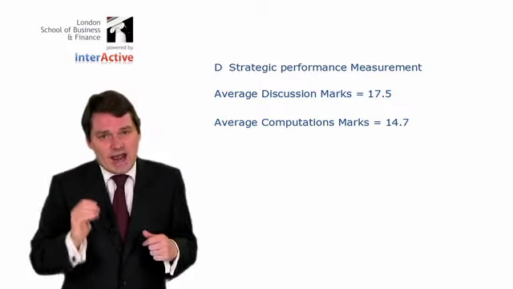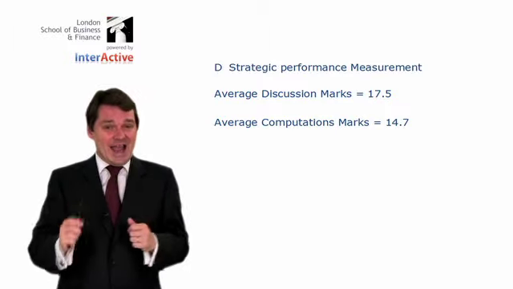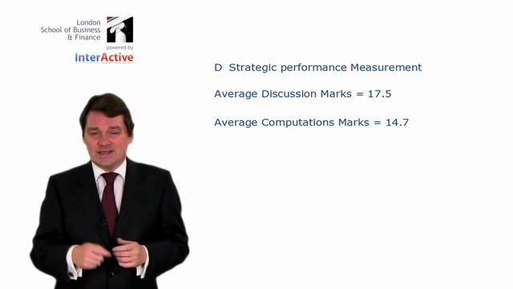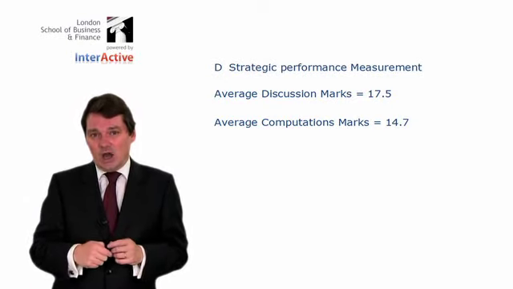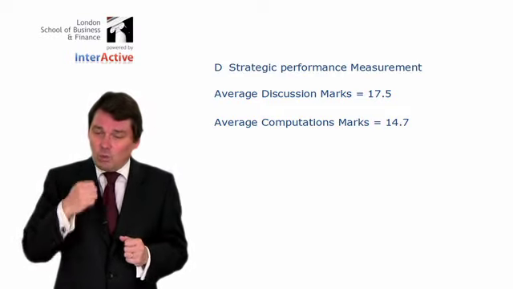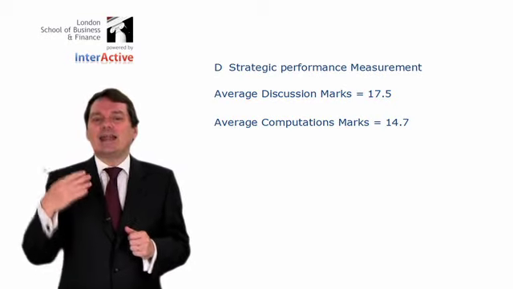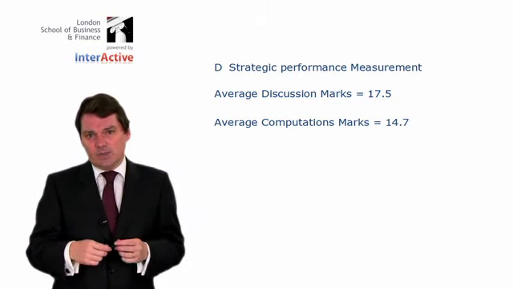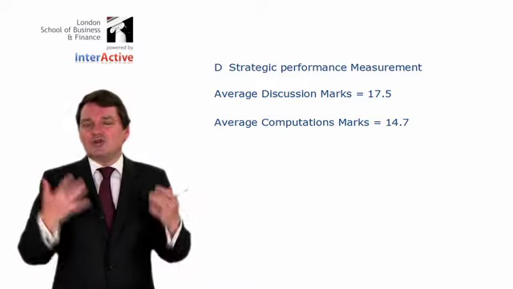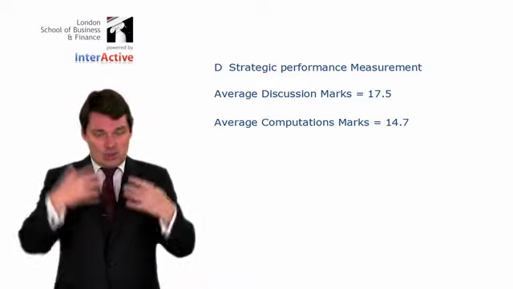They may even act in a way that damages the organisation. Rather than helping it, they're actually doing something that is causing the organisation harm. So you need to be very careful what you decide to measure and how you decide to go about rewarding people. So strategic performance measurement is, again, trying to help the organisation.